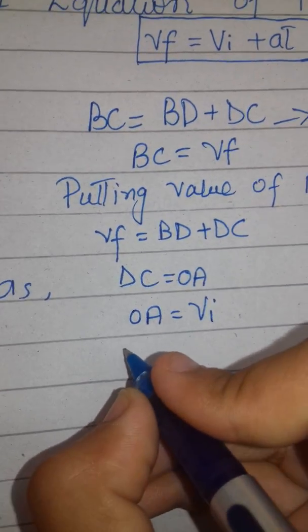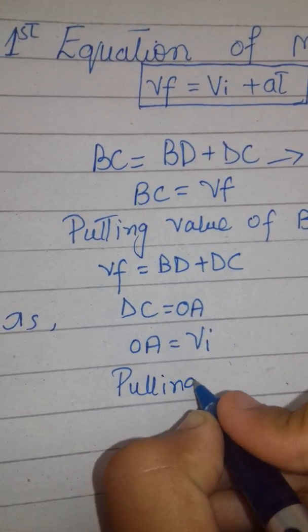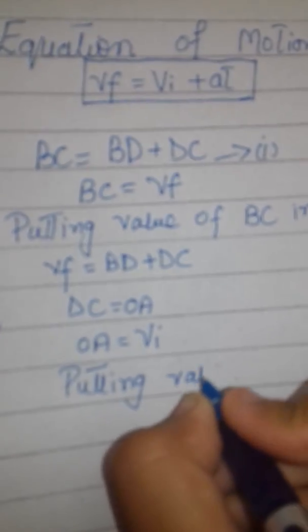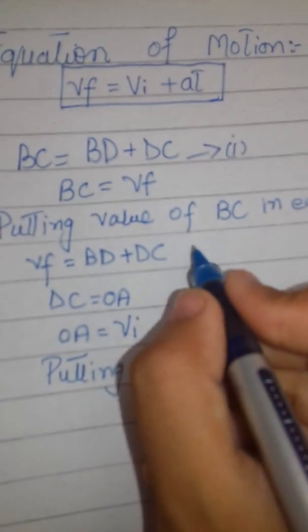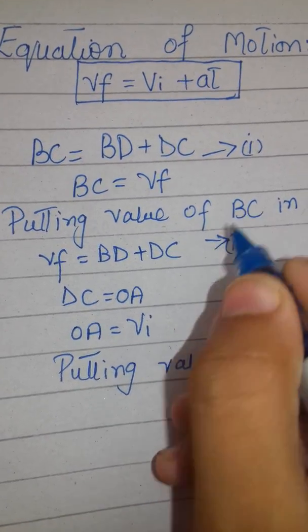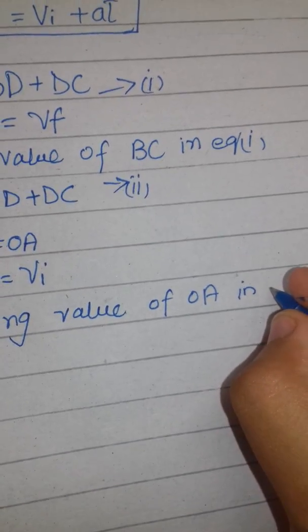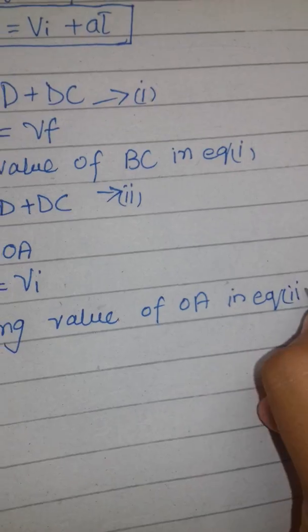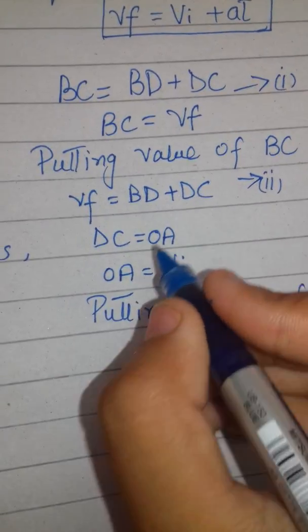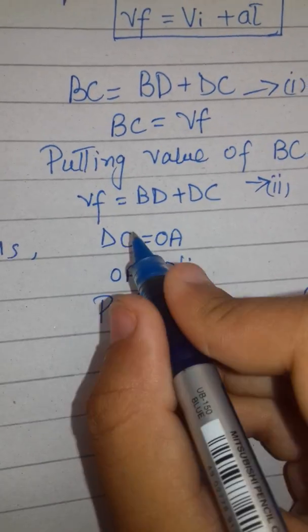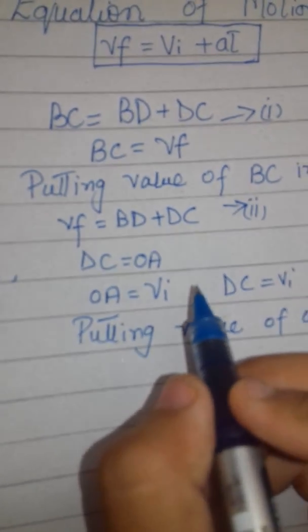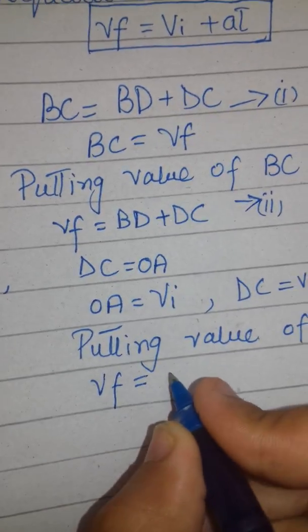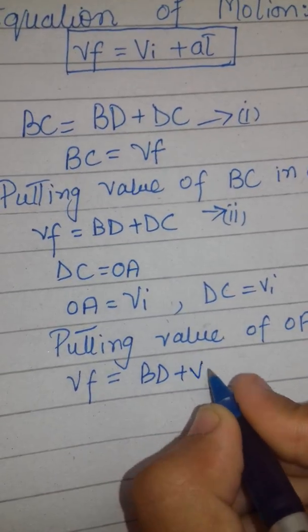This is equation 2. So if OA equals Vi, then DC is also equal to Vi. Now Vf equals BD plus Vi.